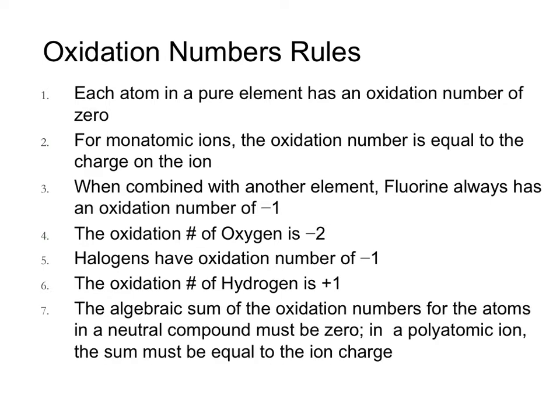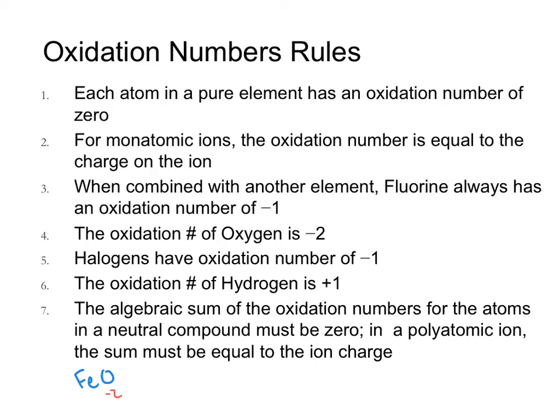And finally, the sum of oxidation numbers for all atoms in a neutral compound must be 0. In a polyatomic ion, the sum must be equal to the ionic charge. And so looking at an example, if we have the compound iron(II) oxide, FeO, we know from our rules that the oxidation number on oxygen must be a -2.